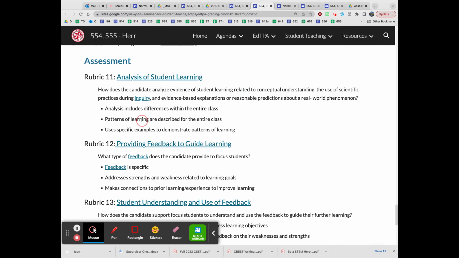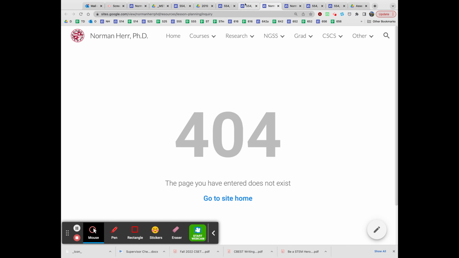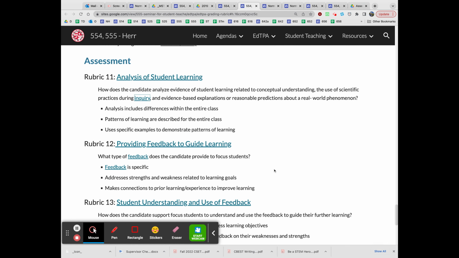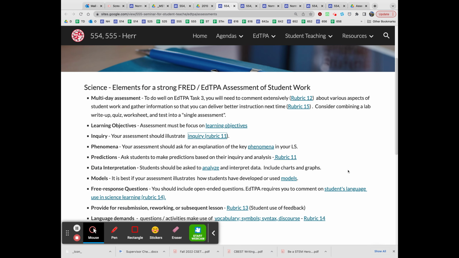If you don't have an inquiry lesson, then you're not going to be able to do this. Inquiry just means that you are having your students try to answer questions about why a phenomenon is the way that it is, in other words, why a phenomenon produces the type of results that are observed. So it has to be inquiry based.